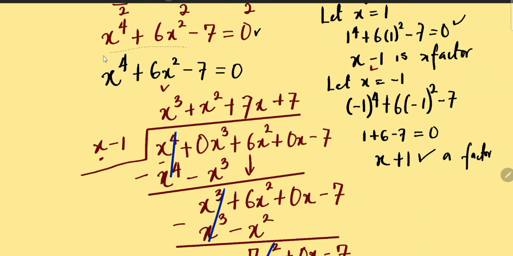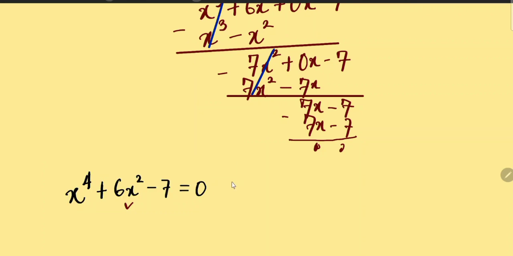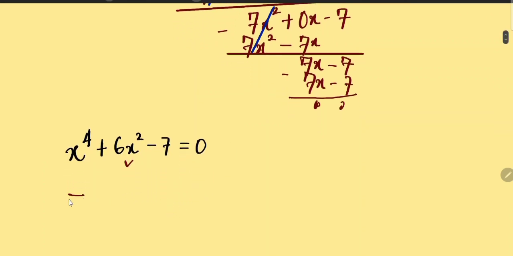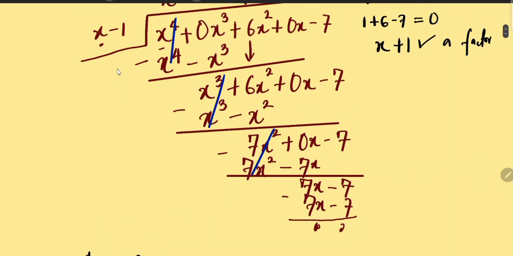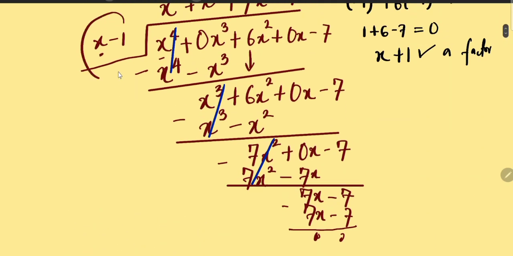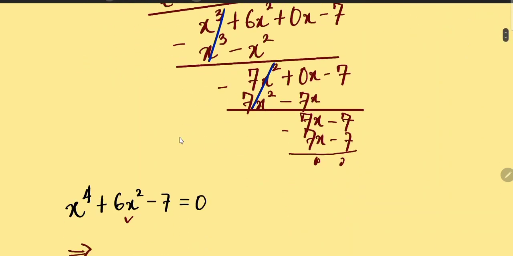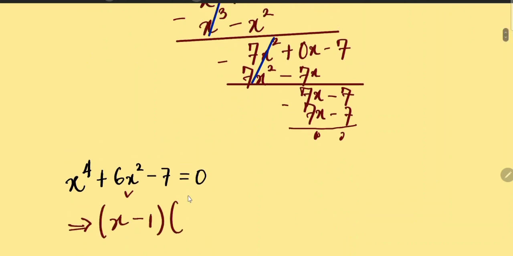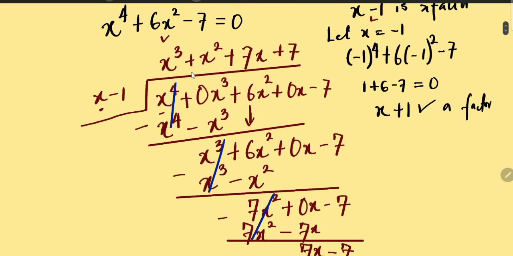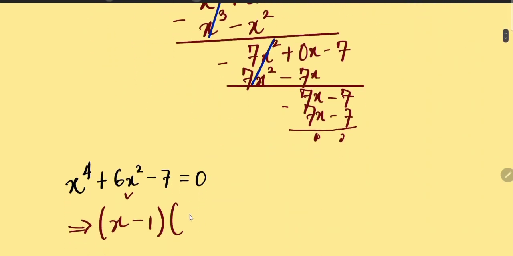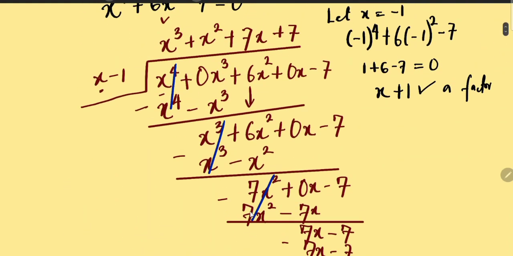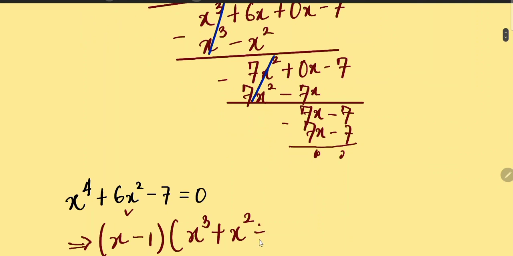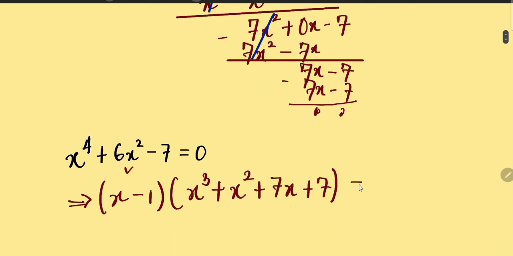This polynomial will now become these factors: x minus 1 into this factor that we have here, the quotient that we have, x cubed plus x squared plus 7x plus 7. Then don't forget it's still equal to 0.